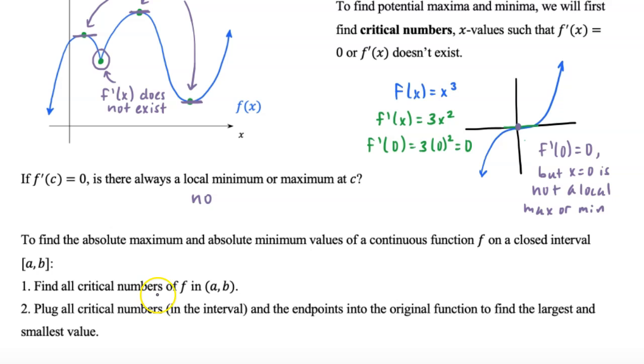So we're going to find the critical numbers, which, remember, is where f prime of x is equal to 0 or f prime of x does not exist.